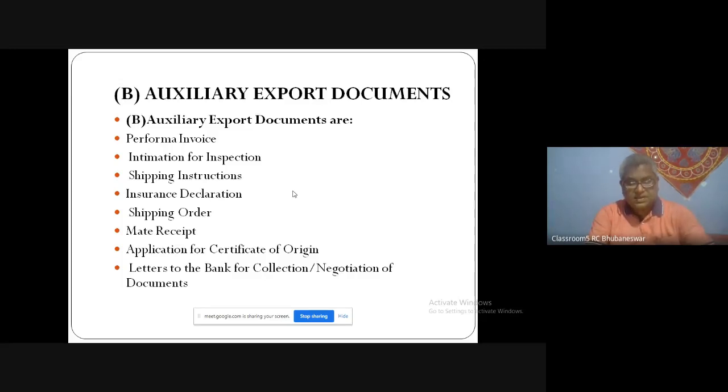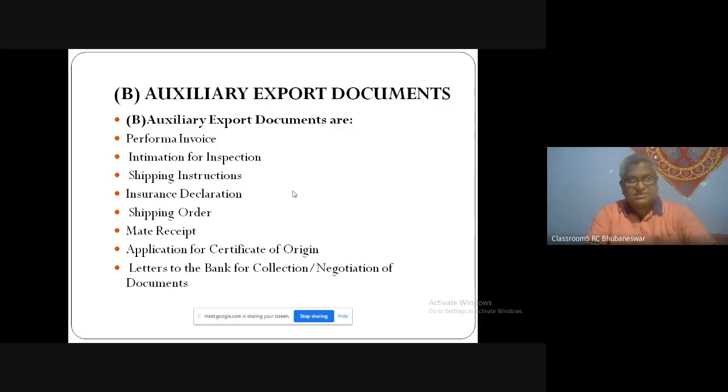It means when the goods are loaded, the captain instructs the port superintendent that these documents are loaded, and asks for clearance to start the journey and reach the destination. That type of document is called a mate receipt.